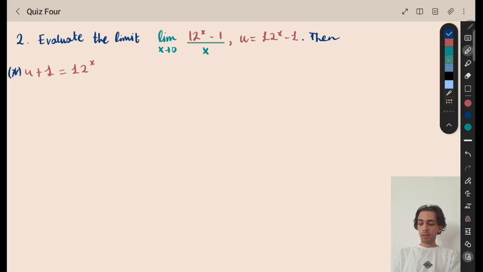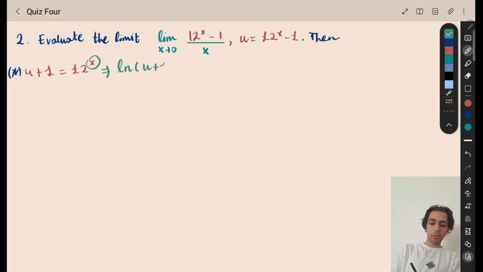But for these tough times, we need tough functions that will help us solve this. So in that case, when you have something in the exponent which you want to pull down, you can always use the logarithmic function. So I'll apply ln to both sides. I get ln of u plus 1 is equal to ln of 12 to the x.